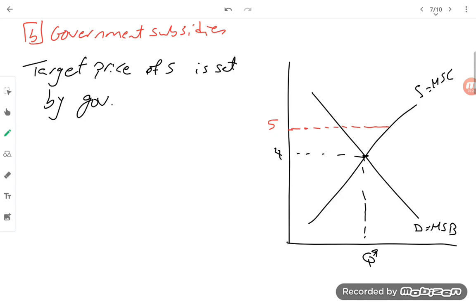At this price level, quantity supplied is going to increase to QS.